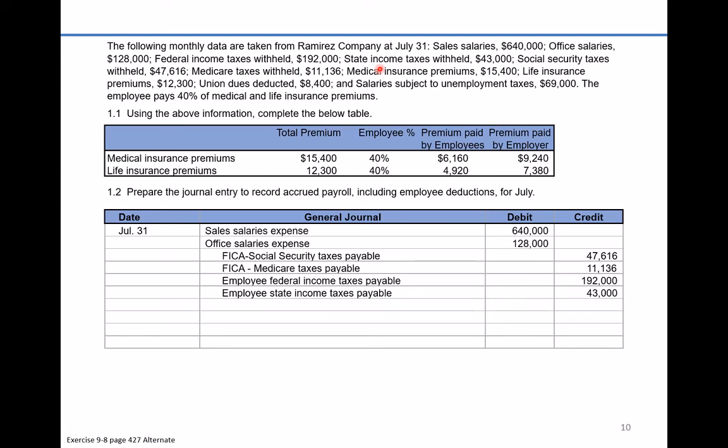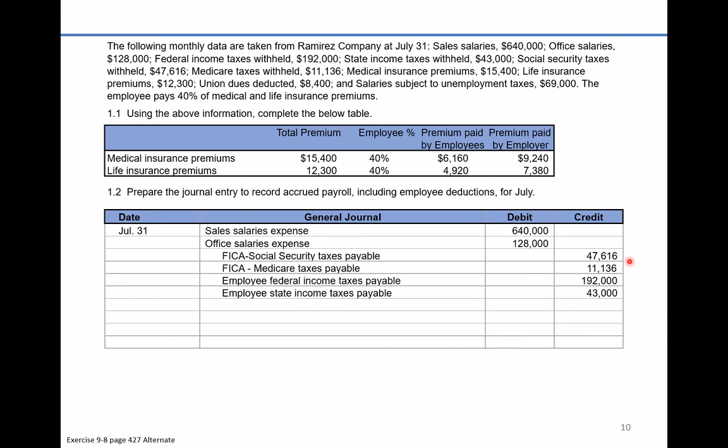All of those are being put into a liability account for their particular purpose. This is going to the Social Security Department, so Social Security taxes payable is created, an amount being paid in the future to the Social Security Administration. Likewise, Medicare taxes payable in the amount of $11,136 is created, going in the future to Medicare.